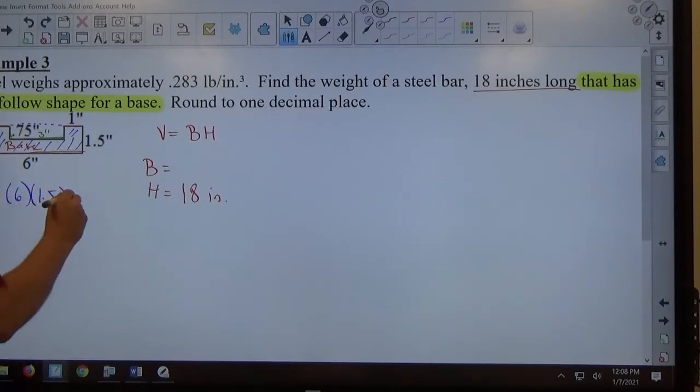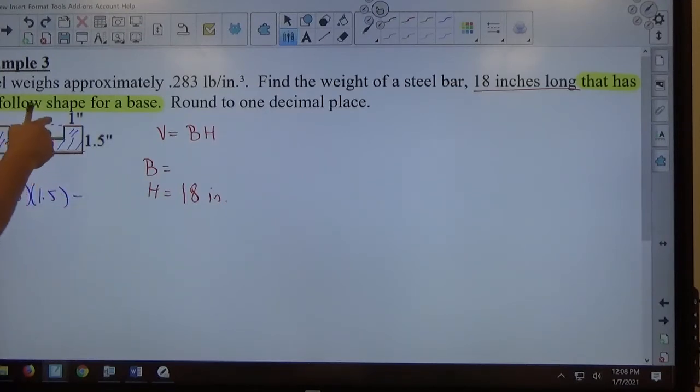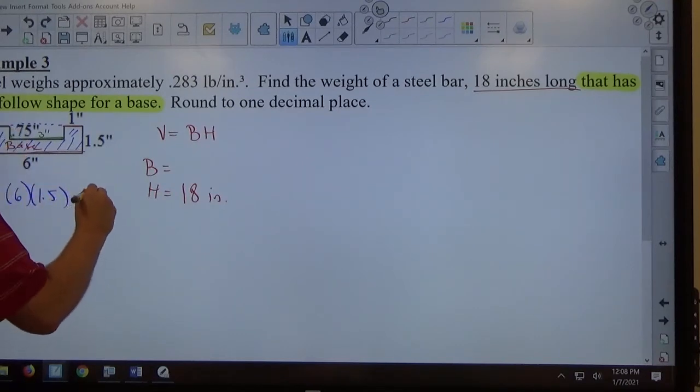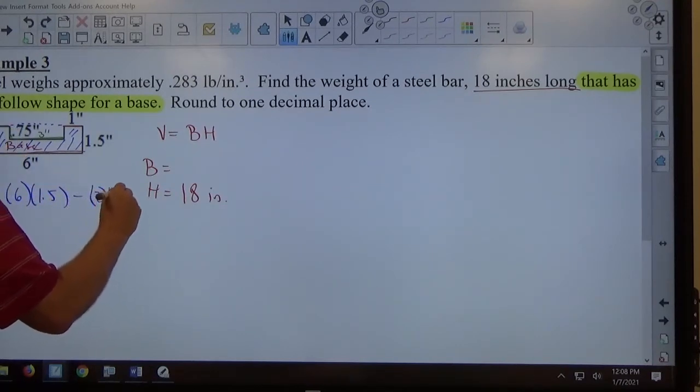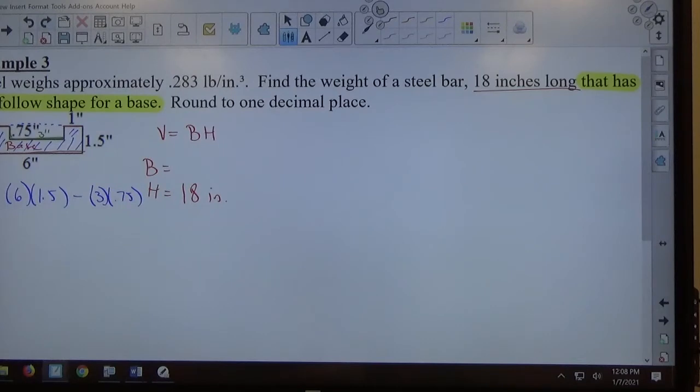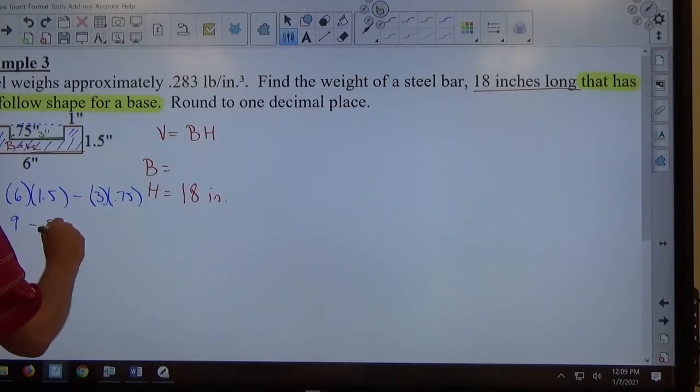And we're going to subtract the area of this smaller rectangle here, which is base 3 times height 0.75. Big rectangle minus small rectangle equals shaded area. So 6 times 1.5 equals 9. 3 times 0.75 equals 2.25. We subtract those, we get 6.75.